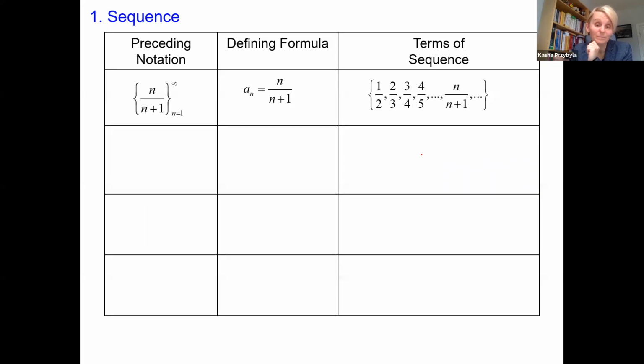For the first term, I substituted n equals 1, and then I substituted n equals 2, 3, and so on. Maybe as an exercise, do you think you can tell me, in terms of n, how the next term will be defined?